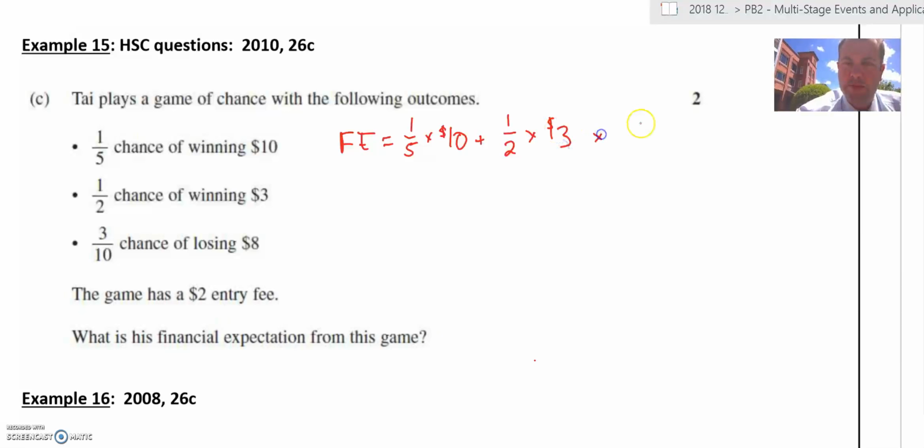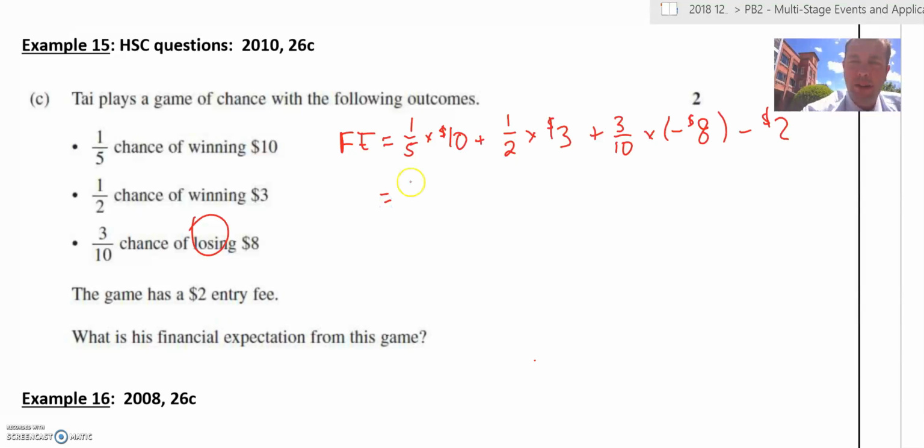Now the next one is 3/10. My outcome this time is not to gain $8, it's losing $8. So that's, oops, that should be plus, times, let's call it negative $8. Right, because it's losing. And I subtract the cost of playing, minus my $2.